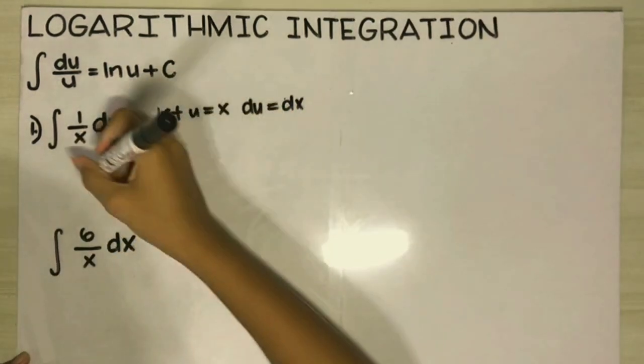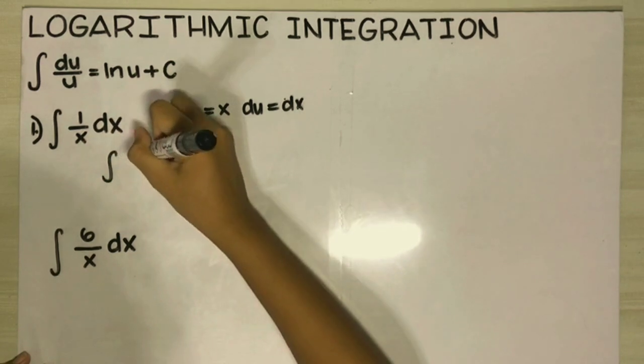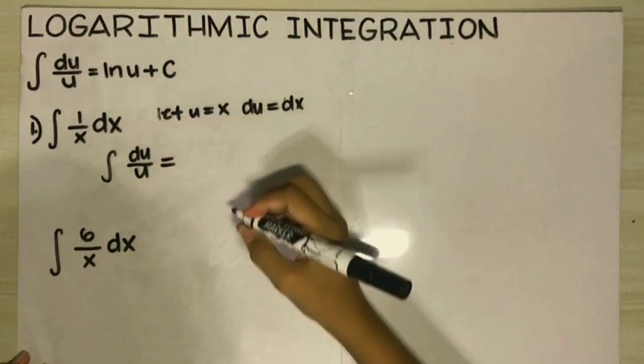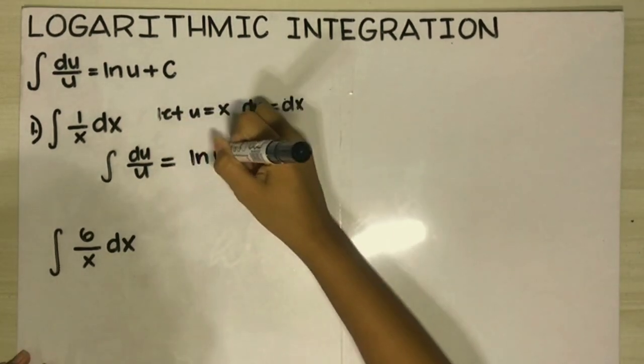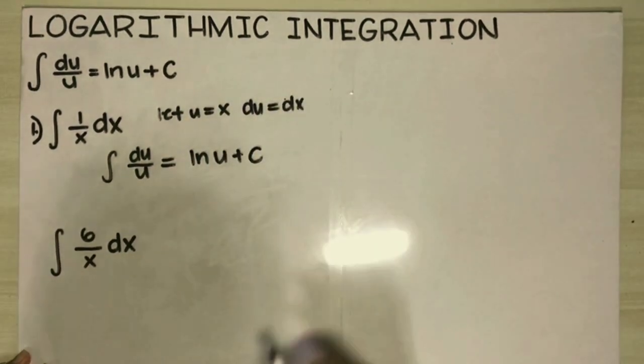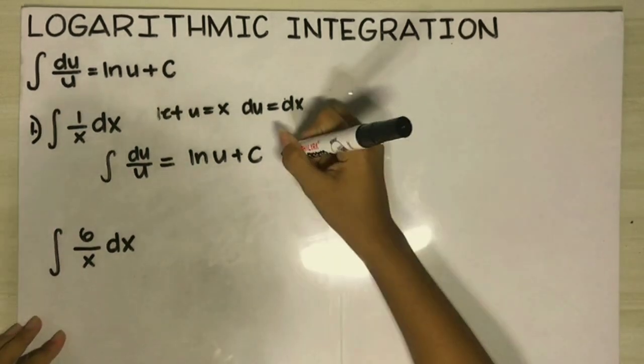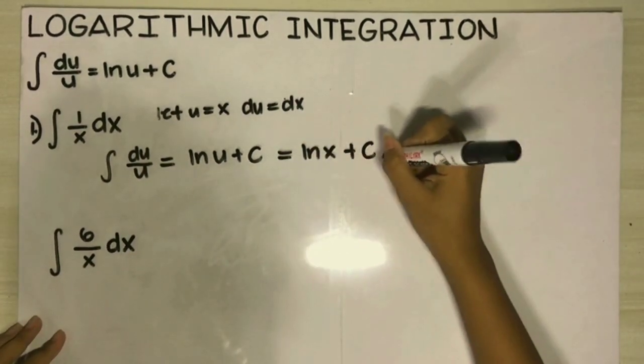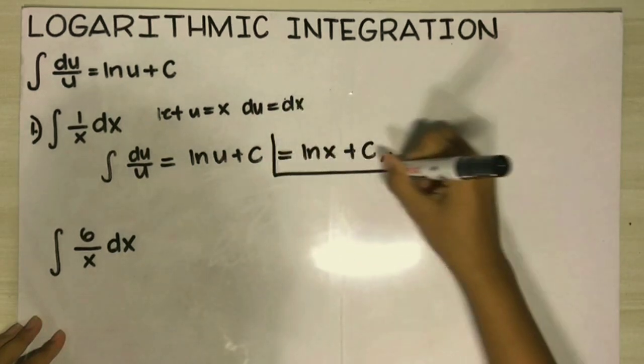So let's write it from the formula. The integral of du all over u is equal to ln u plus c. So this is equal to ln x plus c. So this is our final answer.